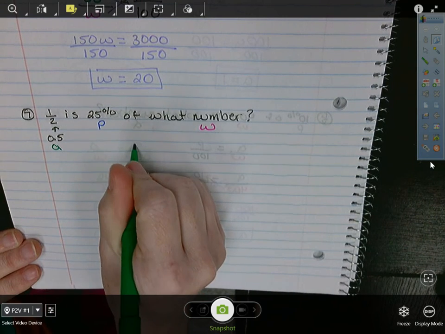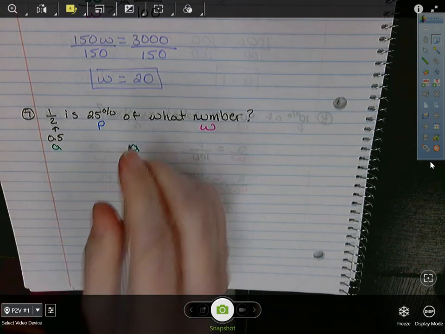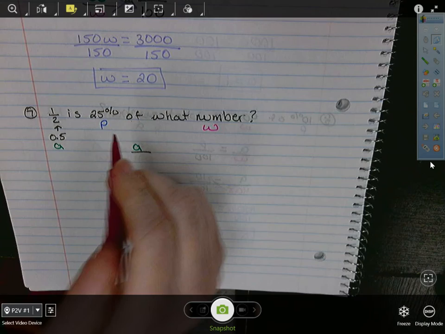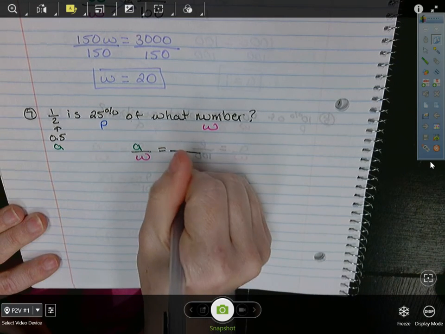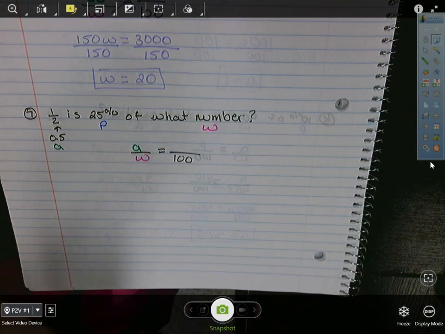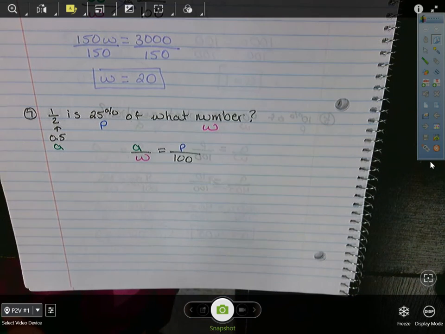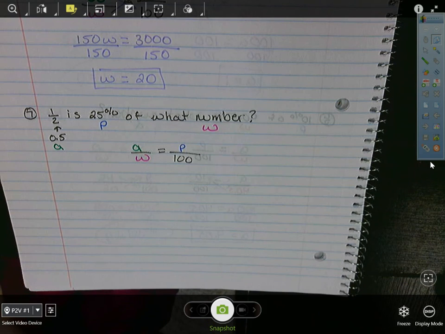Okay, so I set up my proportion, A over W equals P over 100. For A, we're going to plug in 0.5.